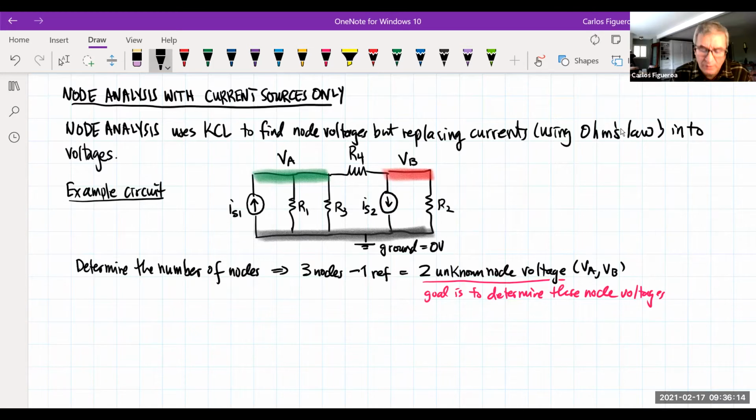So the first thing that you want to do here is to pick current directions. So the question is, which directions are the currents going to go? Well, it looks to me, in some naive way, that if I look at the current source I1, maybe the current's going to be going down like this.